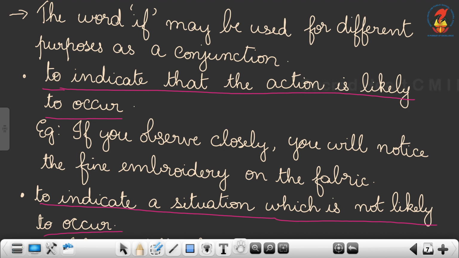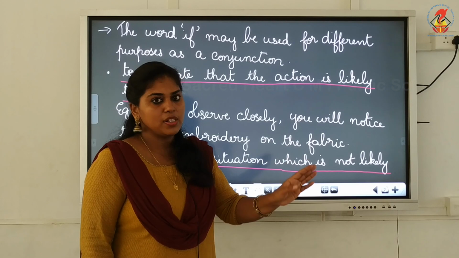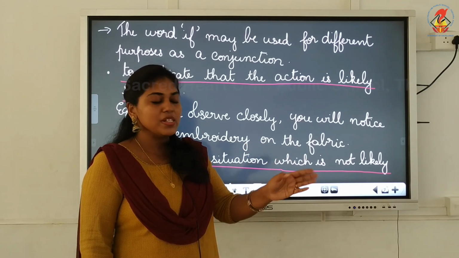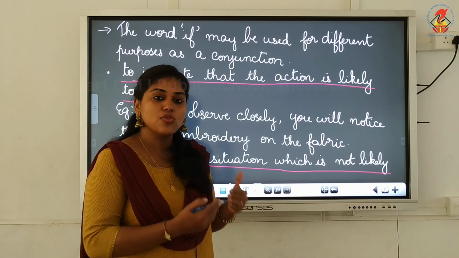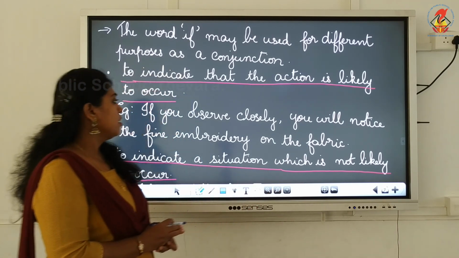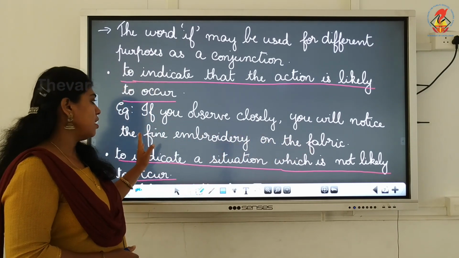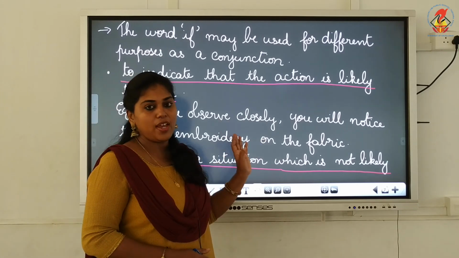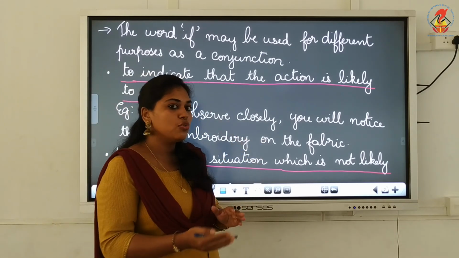Here, if you do it this way, most probably you will see that. So here the action is likely to happen, and in that situation we use if. But you have to be very careful.